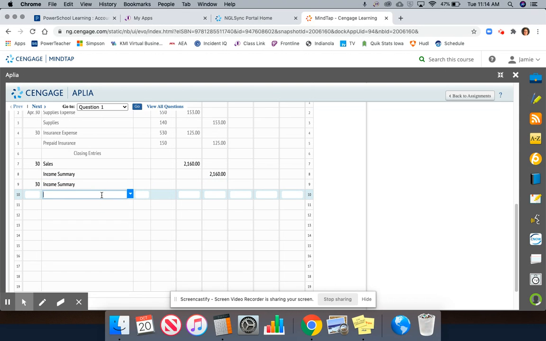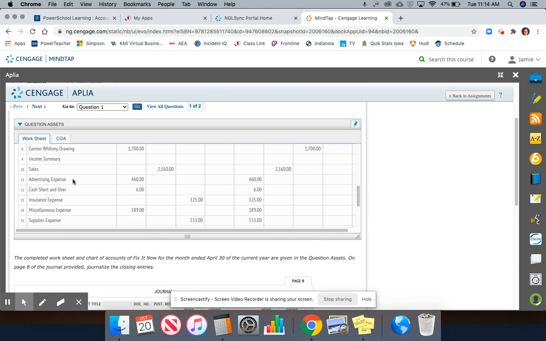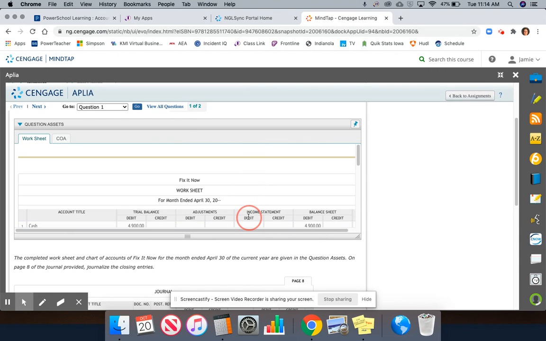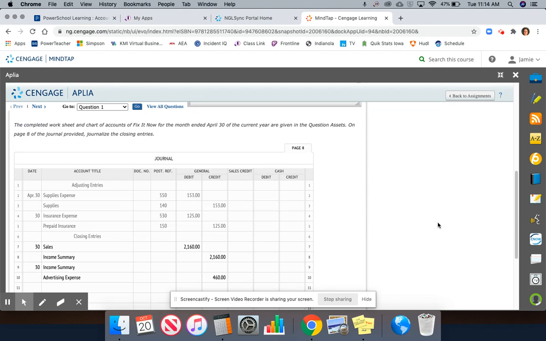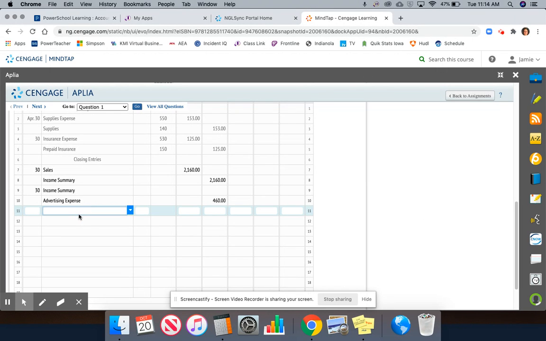Then next, we just need to put all of our expenses. We're going to get the accounts in there. Advertising expense, $460. These are all coming from our worksheet. Advertising expense, $460. That was a debit, so then we're crediting it to close it out. All of our expenses we're going to credit.